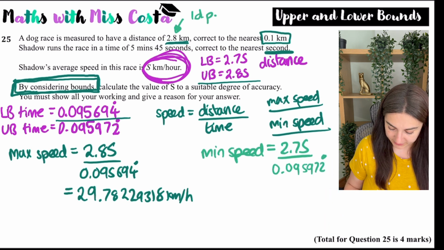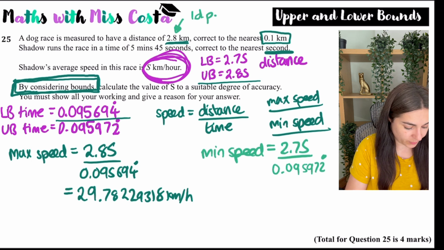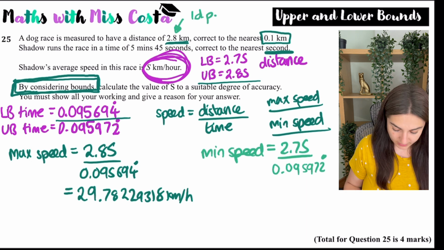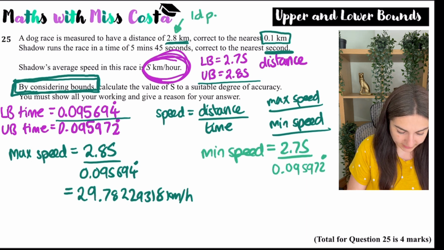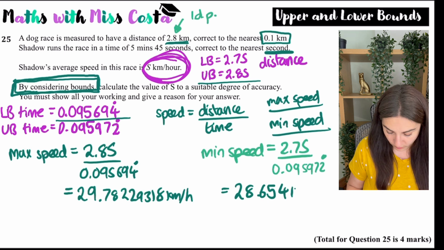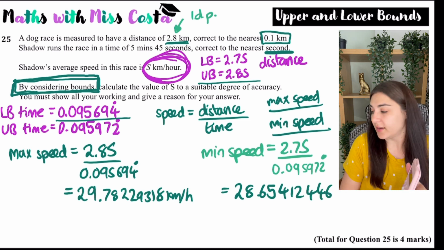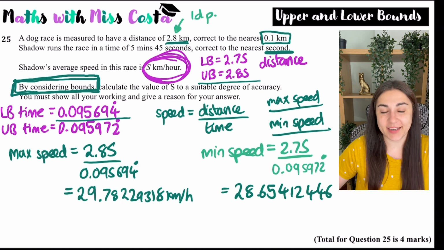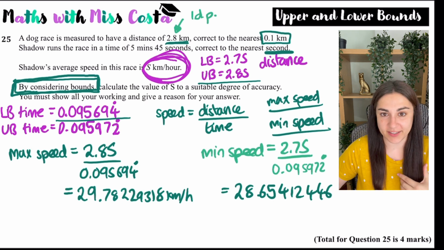So let's just type that into the calculator. 2.75 divided by 0.095972 recurring, and that is 28.65412446. So this is like the fastest way to do it, using those 2.